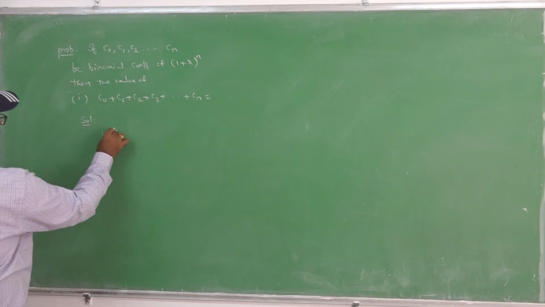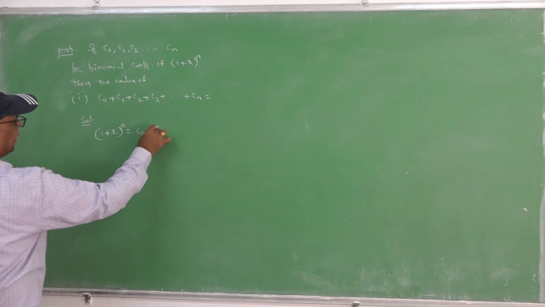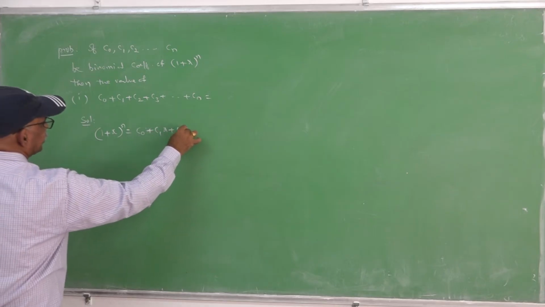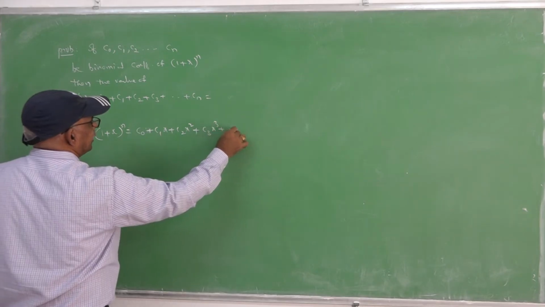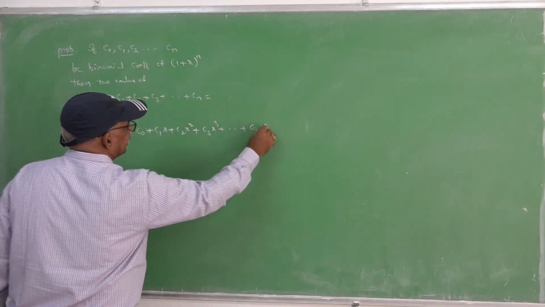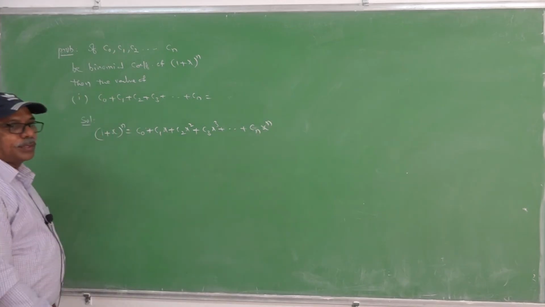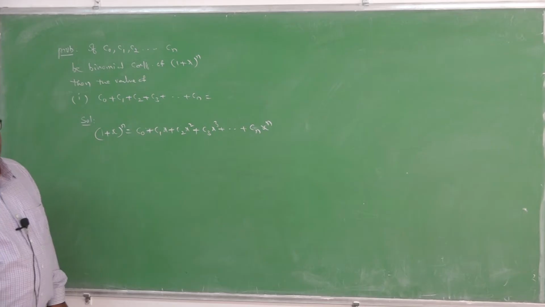So the (1 + x)^n expansion is C0 + C1x + C2x² + C3x³ and so on Cn xⁿ, where Cn stands for nCn. This is the binomial expansion of (1 + x)^n in ascending powers of x.